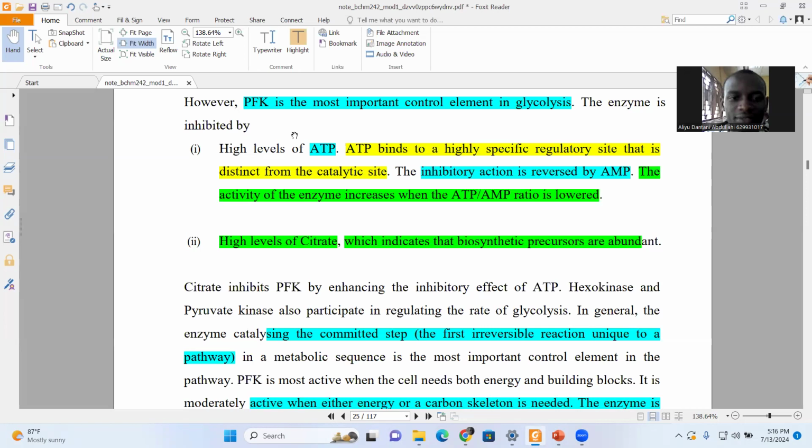Citric acid, because there's high pace glycolysis going on. So of course they should inhibit the glycolytic pathway at some points, right? Then when the ATP or citrate concentration is low, then there's probably a need for the glycolytic pathway because energy is low in the cell. So I hope this makes sense.